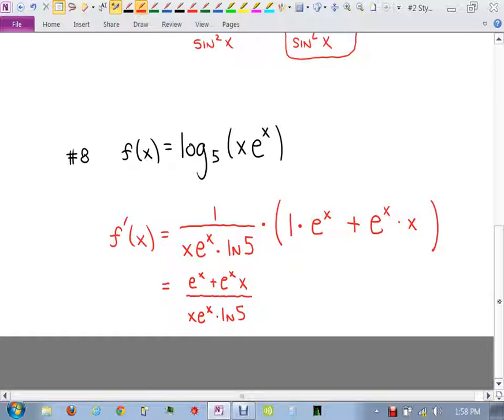There's something else we could do here that I'm sure the book does. Couldn't you factor an e to the x out of the numerator? They both have e to the x in them, right? So you can make that 1 plus x. And then on the bottom you have x times e to the x times natural log 5. So what can you do now?